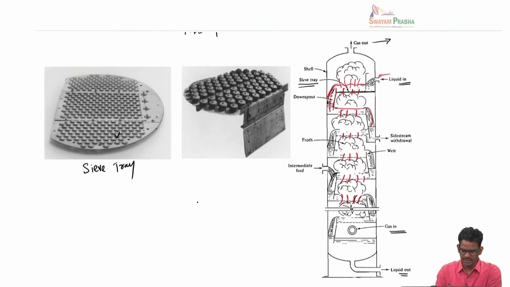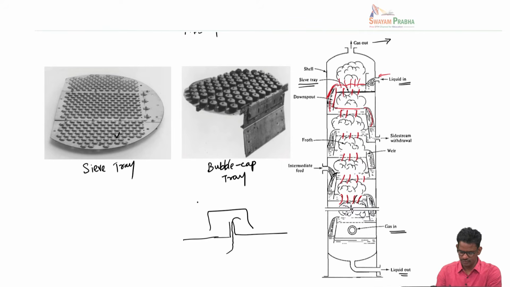This is one possibility. The other possibility is called the bubble cap tray. Here there is a perforation, but above the perforation there is a cap. If I draw the cross section of this, you will see that it has a cap like this. I am showing one particular perforation.